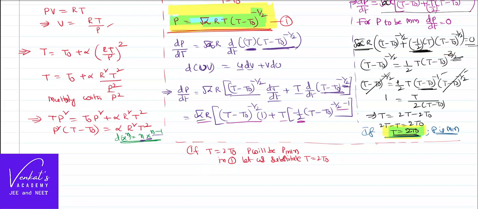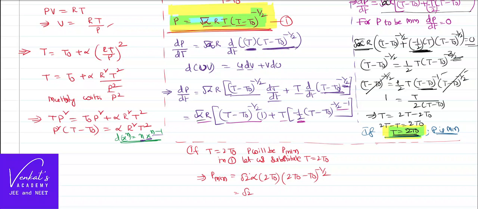So what's the equation for the P minimum? From equation number 1, P minimum is equal to root alpha R, in the place of T, 2T naught. Again, in the place of this T also, we have to write 2T naught minus T naught whole power of minus half.